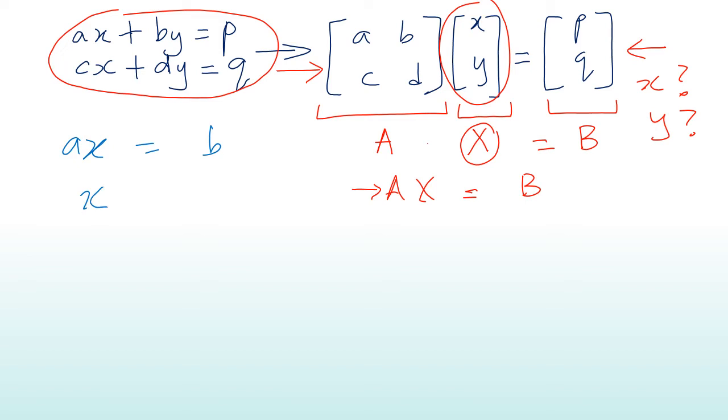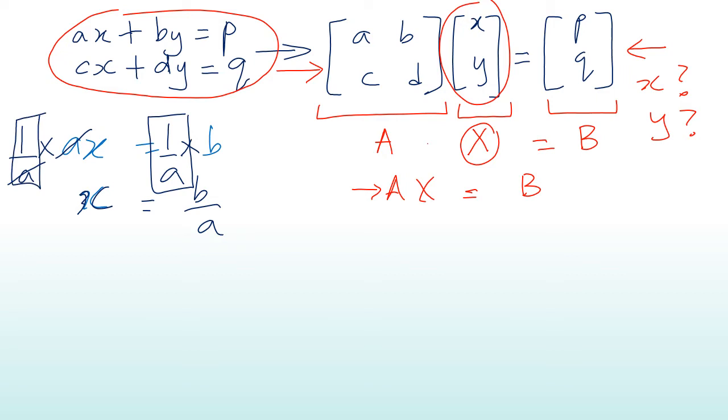Of course, you multiply it with 1 over a, and here also 1 over a. So this one you can cancel, then you get x equal b over a. Now 1 over a is the inverse of a, right?